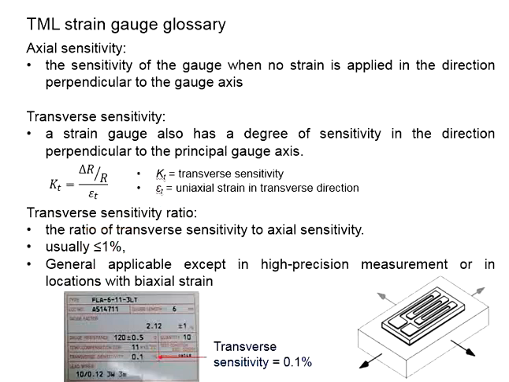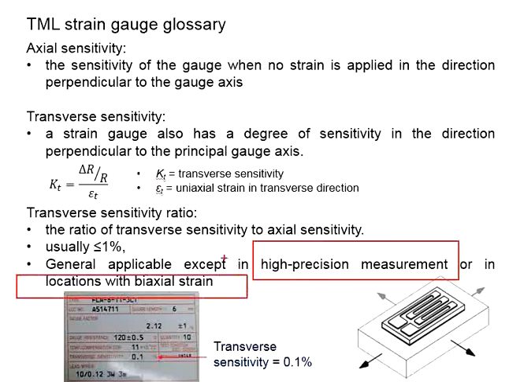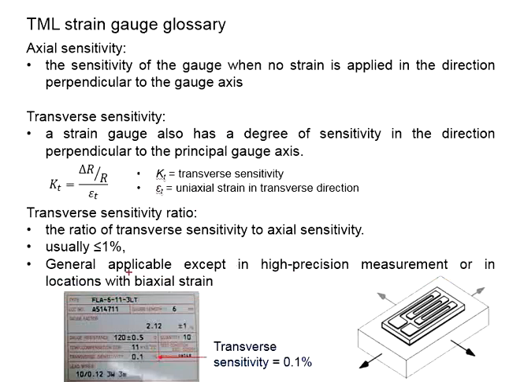This is applicable for normal cases, except in high precision measurements or in locations with biaxial strength. You may refer to the specifications given by the shrinkage. For this type of shrinkage, it is stated that the transverse sensitivity equals 0.1%.